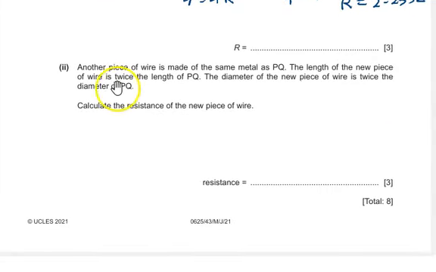And then another piece of wire is made of the same metal, PQ, and the length of the new piece of wire is twice the length. Okay, let's say for the resistance, we have a formula with the resistivity, length, and also the area.